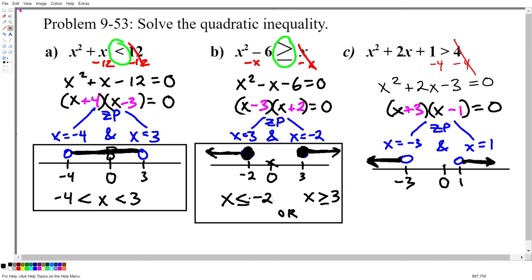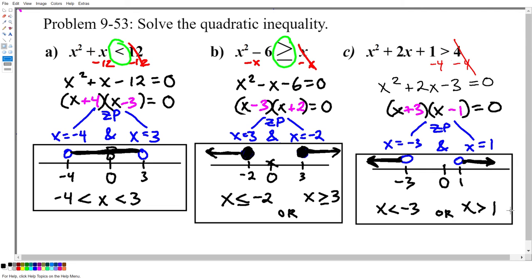So final answer as an inequality here is going to be x less than -3 or x greater than 1. And that is my final answer.